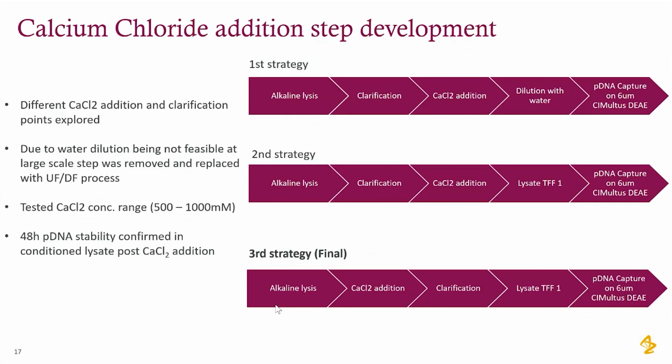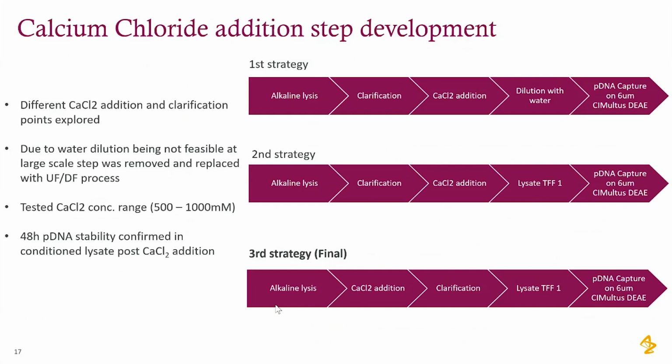So in this slide, you can see that we looked at different calcium chloride addition strategies. We did test a range of calcium chloride concentrations ranging from 500 to 100 millimolar. We also looked at pDNA stability after we add calcium chloride. That is very important for us.